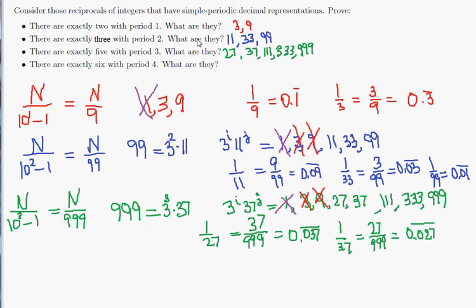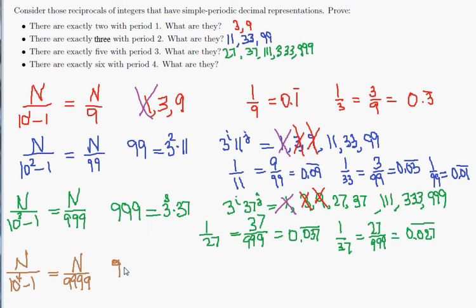Lastly, we have period 4. So this will have the form n over 10 to the 4th minus 1, which is n over 9,999. And so by the same pattern, if it's 1 over something, then the something must be a factor of 9,999.